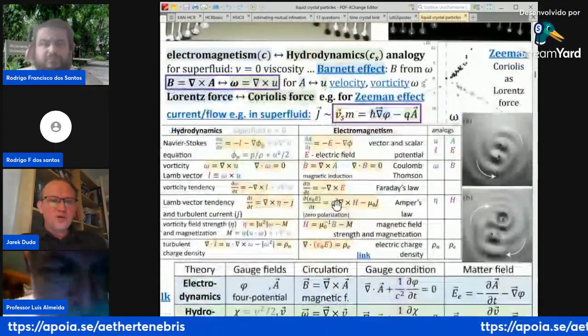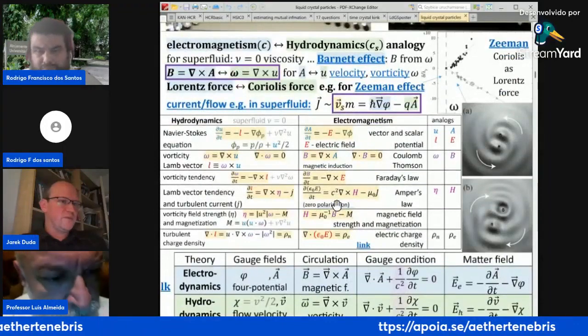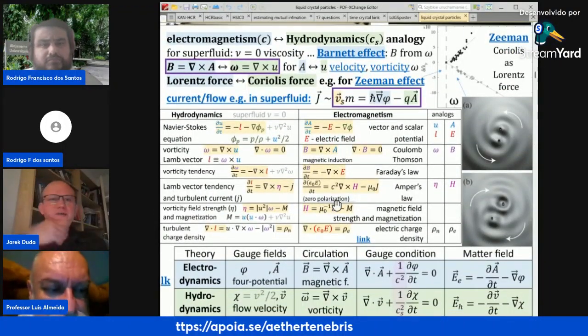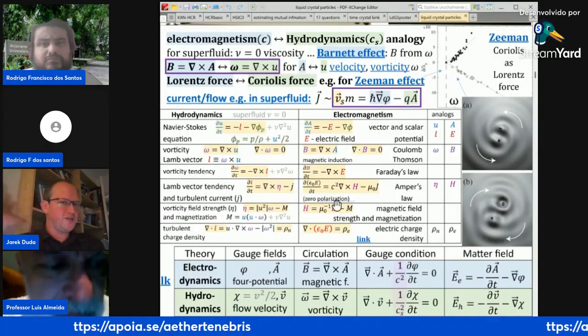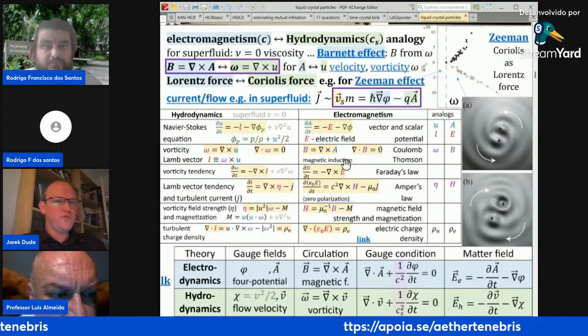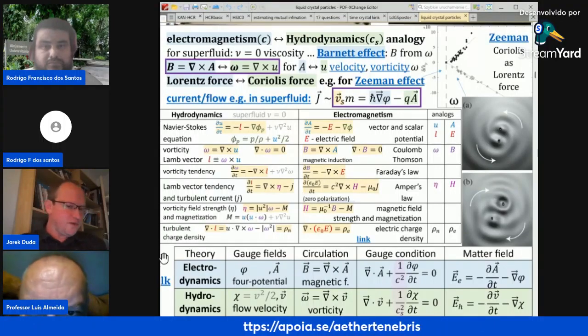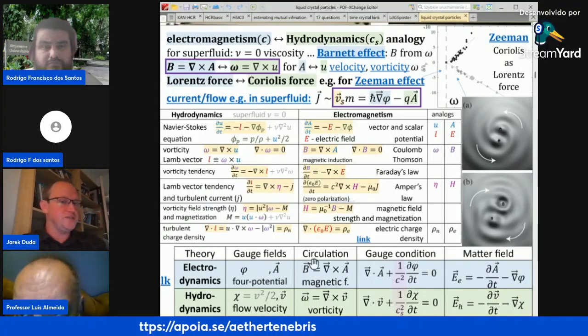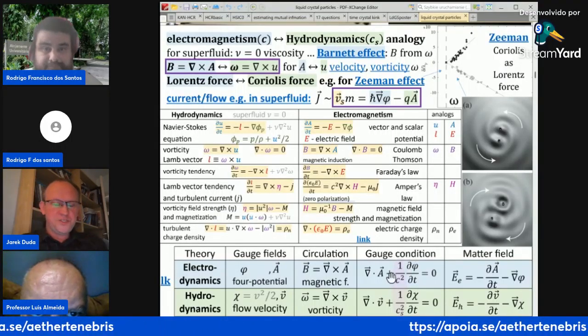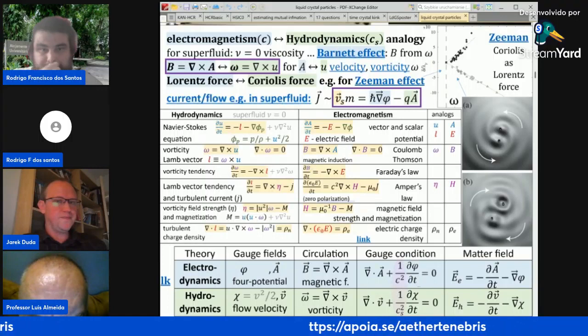Now to go to 3 dimensions from 1D, there is this very nice similarity between electromagnetism and hydrodynamics. If you look at the equations, especially for a superfluid without viscosity, the equations governing electromagnetism and hydrodynamics are nearly the same. So there is this analogy. The main difference is that here is the speed of light, here is the speed of sound.